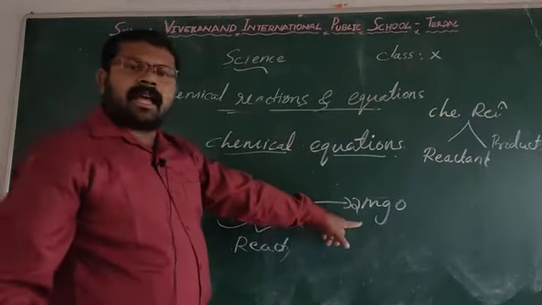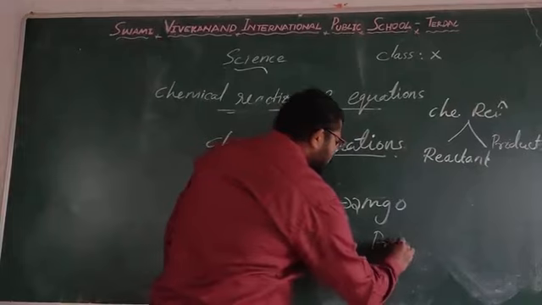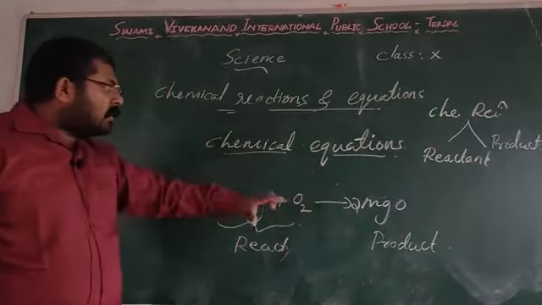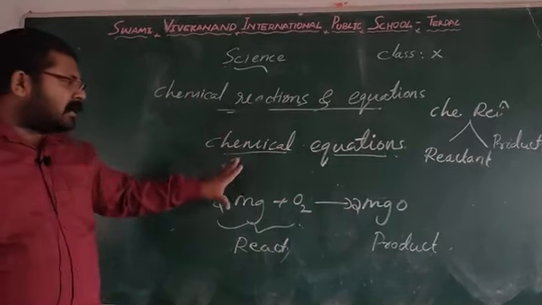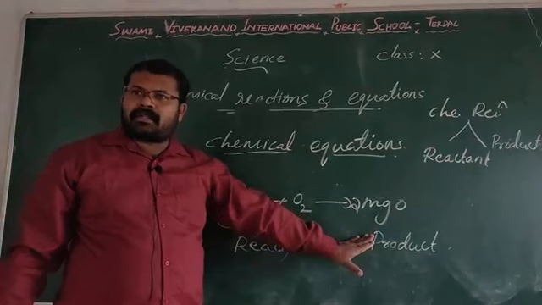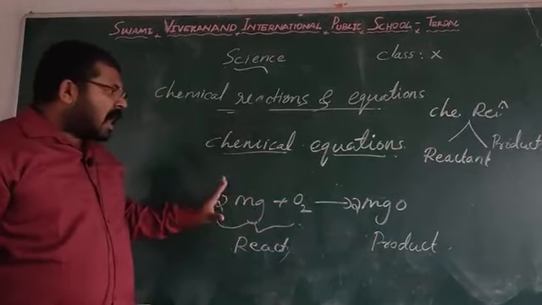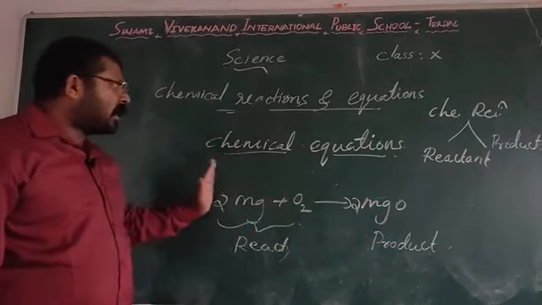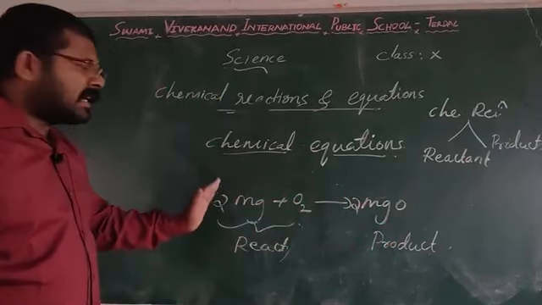This is the product. Got it? So for writing a chemical equation, we have to remember these reactants and products. I will explain how and where to write them now.